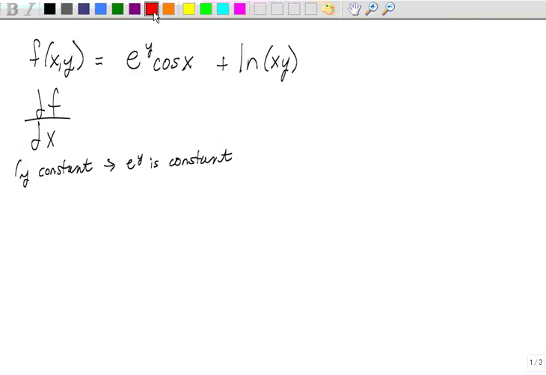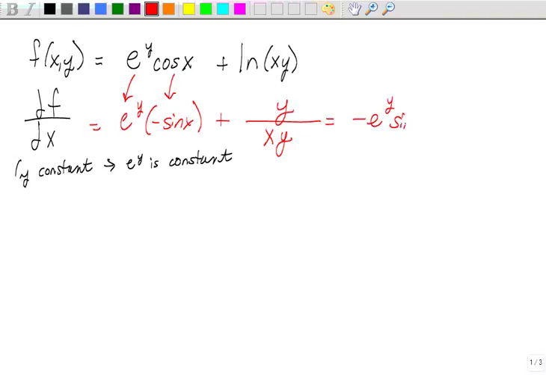The constant stays out in front, and we just take the derivative of cosine x, which is minus sine x. Now the derivative of ln, remember, is the function goes in the denominator and the derivative is in the numerator. But y is constant, so we're just taking the derivative of x. So the derivative of yx is just y, because the derivative of x is 1. So this is minus e to the y sine x plus 1 over x.